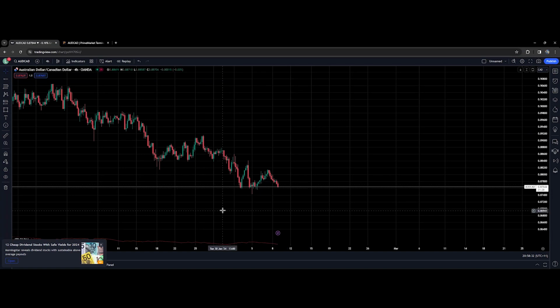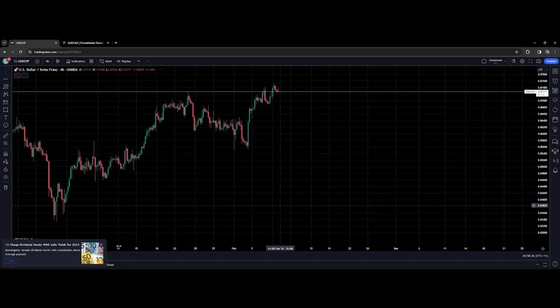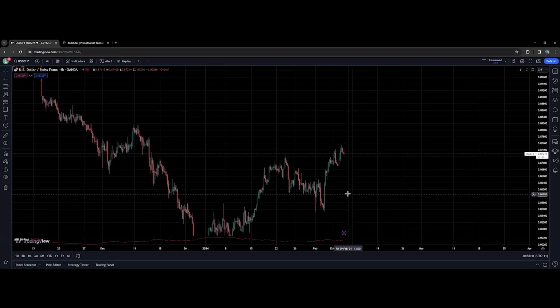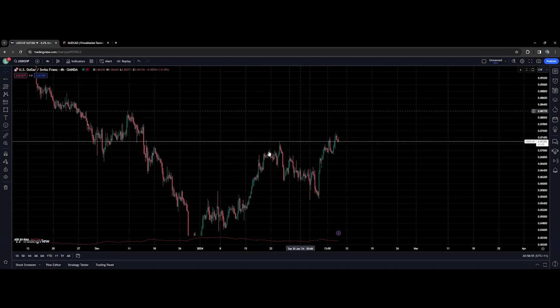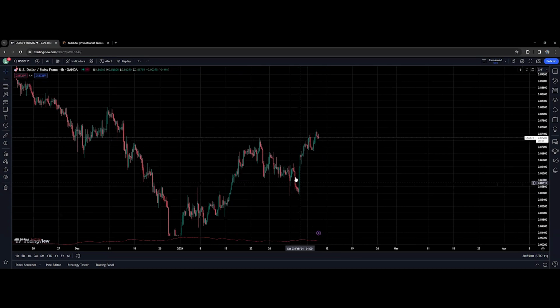USD CHF. As I've mentioned, USD is strong, CHF is losing power, so most probably we will continue to trend higher, even though we had, I think it was, MUFG long on USD CHF. So this pullback was a good opportunity again to add some long positions.